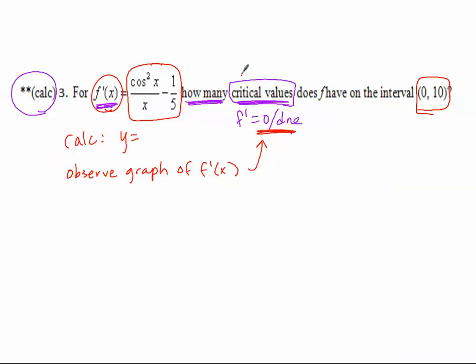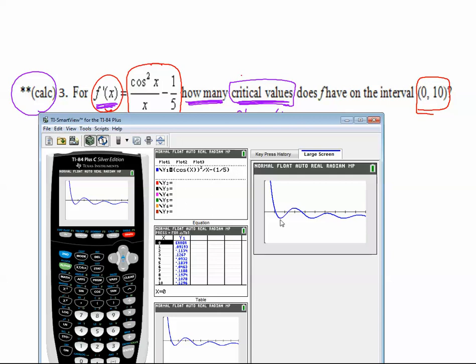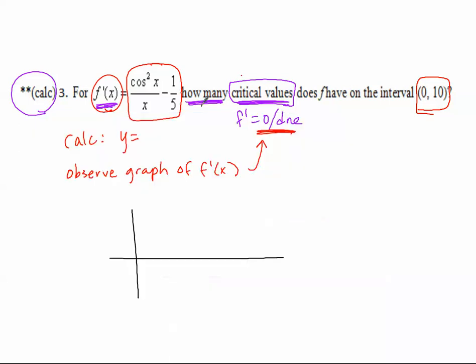So if I'm looking for where the derivative equals 0 on my graph, we'll do a little rough sketch of it. It came down and went up and down and up and down and up, but it only hit 0 three times.